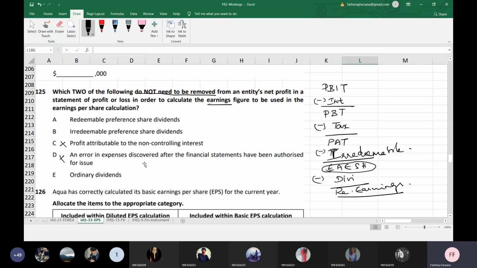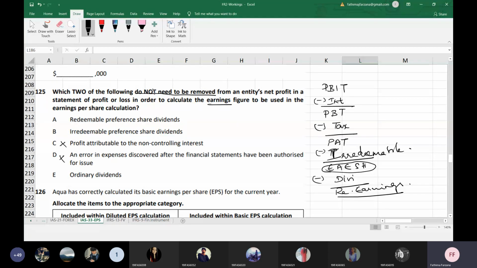First of all, my question is, will this ordinary dividend appear in your SOPL, that is, before computation of earnings? No, it won't be there. But now we have to take this question in a different way because the question is asked in reverse.